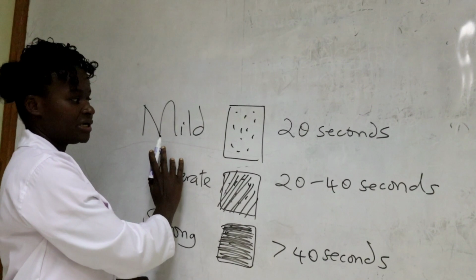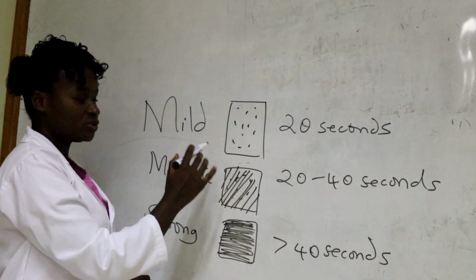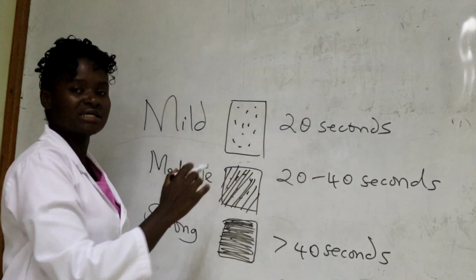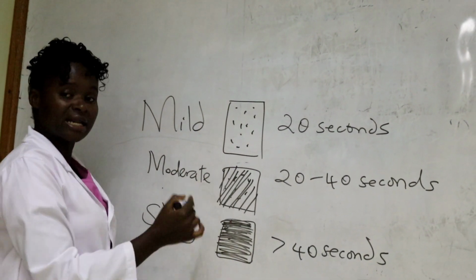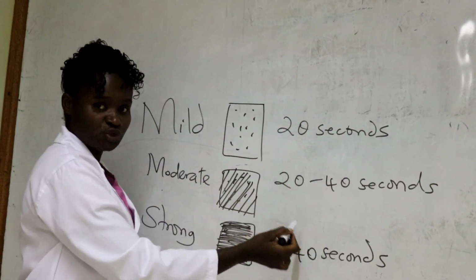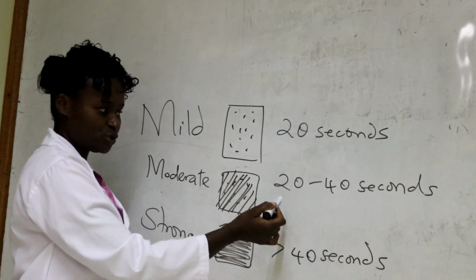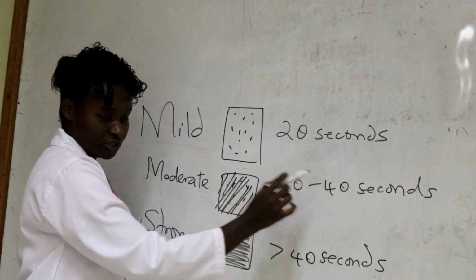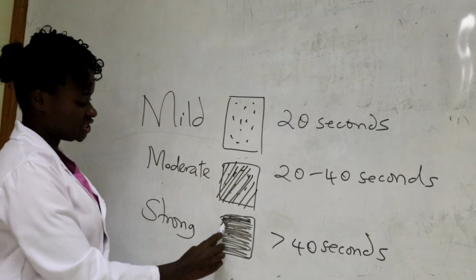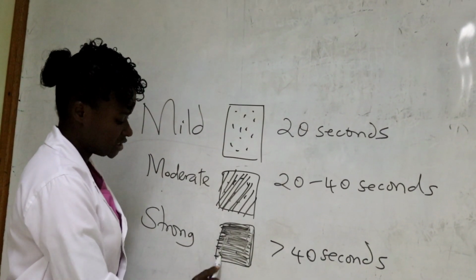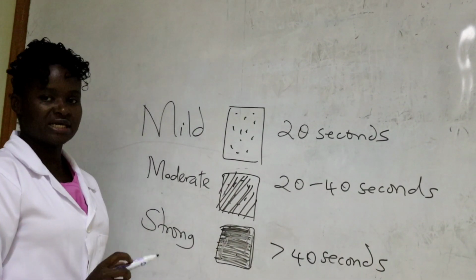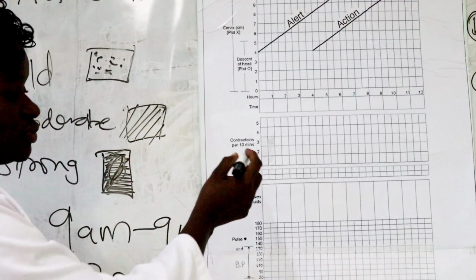For the mild, it is charted using dots, and normally mild will last less than 20 seconds. For moderate, it's charted using lines, and it will last between 20 and 40 seconds. And for strong, which is charted by completely shading inside the box, it will normally last 40 seconds and above. So let's move to the next section.